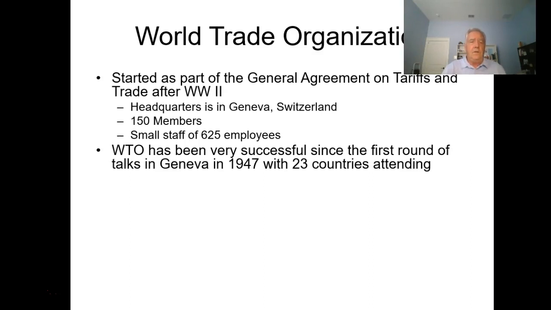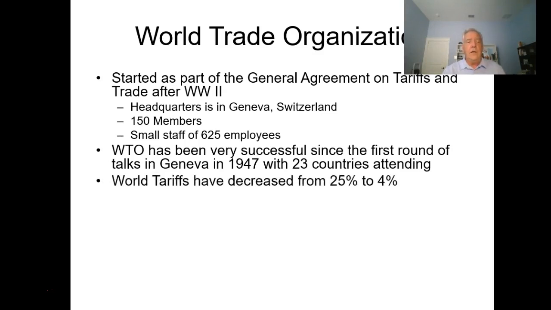In 1947, they set the basis for the first round of talks in Geneva with 23 countries attending. And they set up ground rules for how world trade was going to be organized and how countries would trade with one another. And if something happened that didn't really fit the rules of world trade or free trade, there was a place to go to arbitrate a solution.